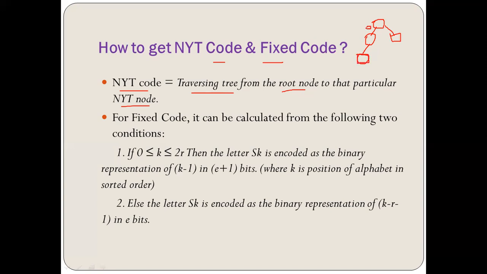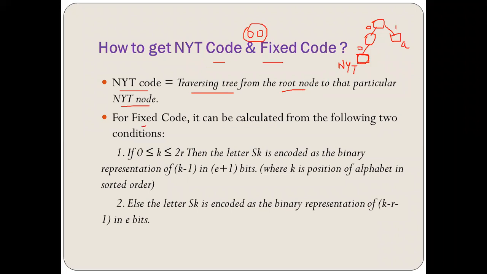So this is 0, this is 1, this is 0. I'm just taking an example, and this is the symbol node, let's say. If I want to generate the NYT code, I traverse the tree from the root node to the NYT node. That is 0 and 0. So this is the NYT code for this particular tree.